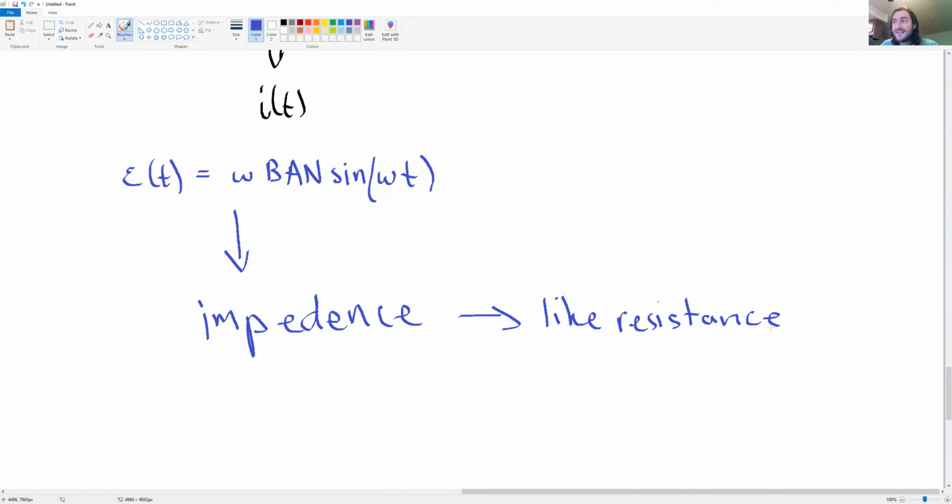But impedance allows us to define a term which is like resistance for capacitors and inductors. So it basically reduces everything, all this complicated stuff with these functions of time, into an Ohm's law expression for capacitors and inductors. So it makes everything super simple, right?